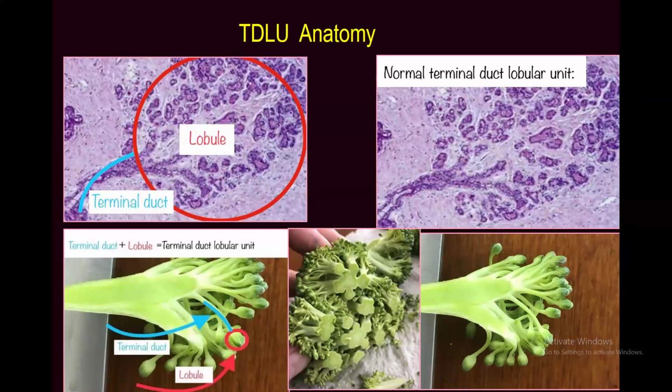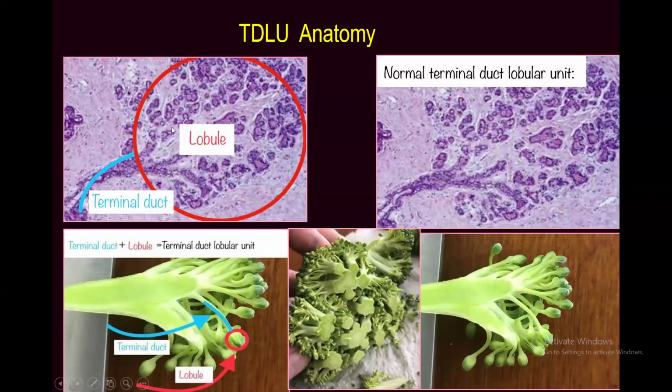You can see this slice of broccoli, longitudinal and transverse. You can see this simulates a lobule. And here you can see this is a duct, and this is the extralobular terminal duct, and here these are lobules, same as this histopathology slice.